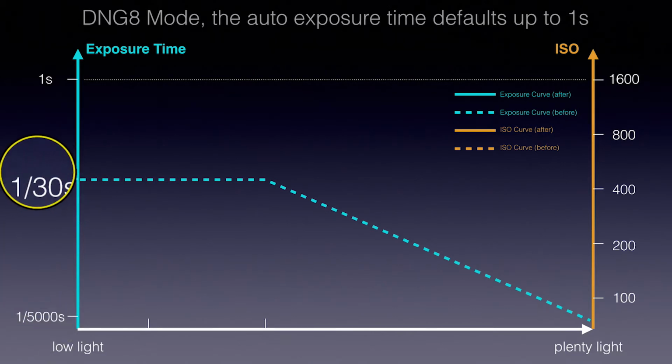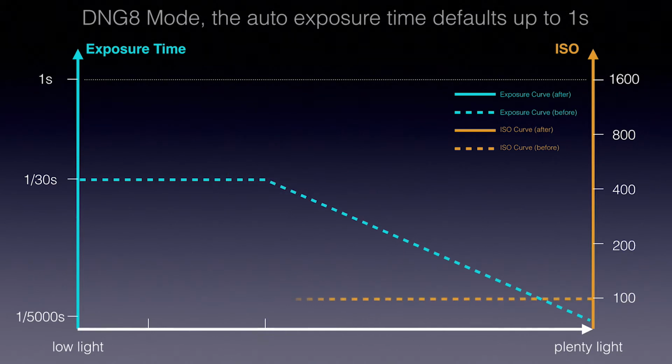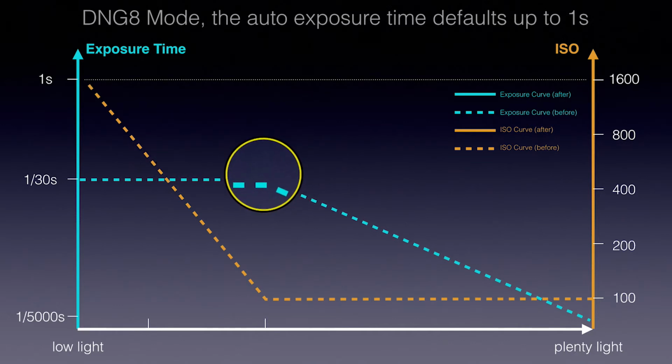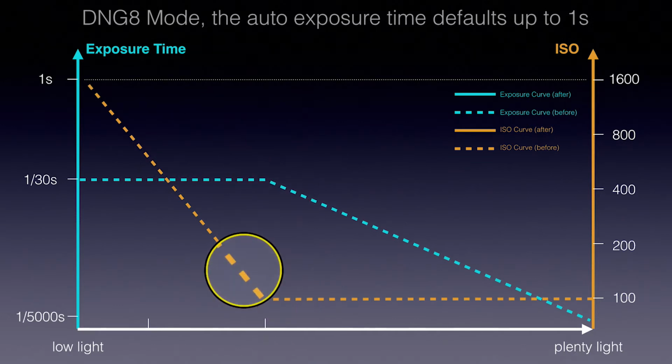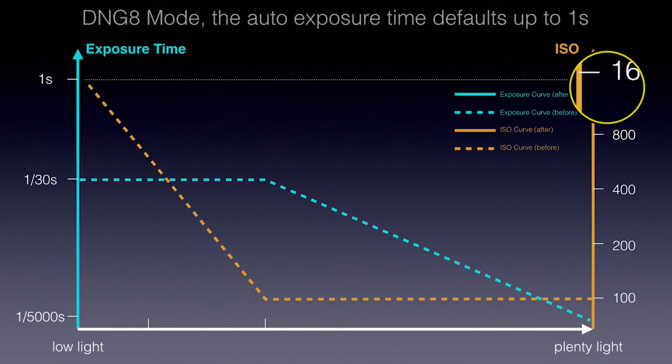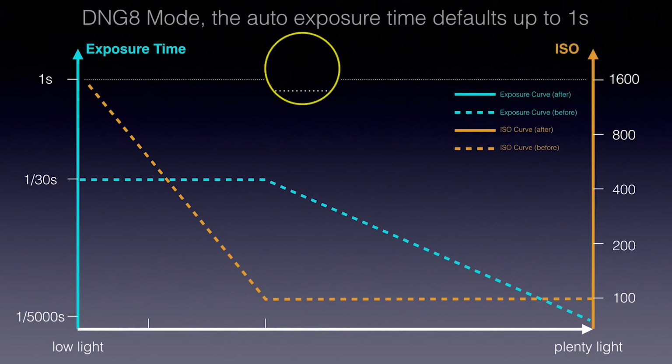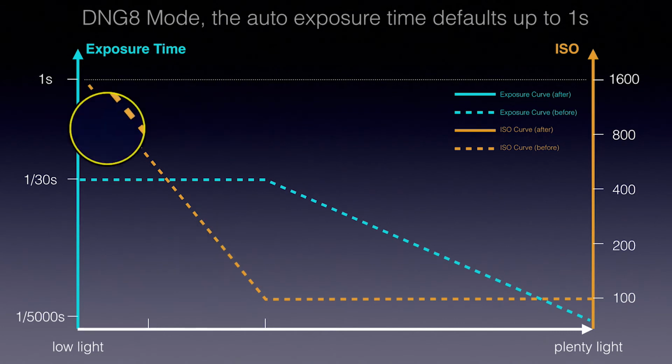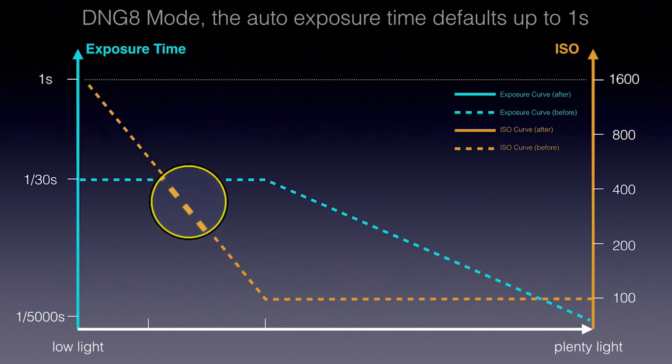It will be locked to 30 seconds like this. At the same time, be careful with the ISO curve. At this point, the ISO will go straight up to 1600. So in this area, the imaging quality will be messed up. This is the reality, the situation before this firmware upgrade.